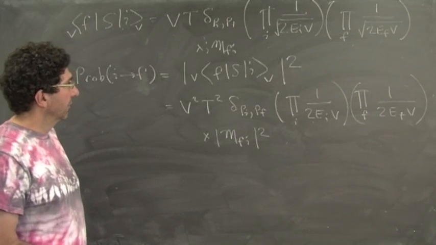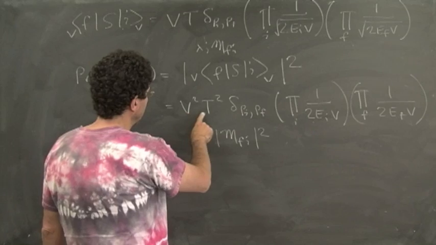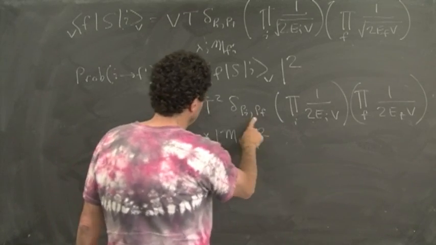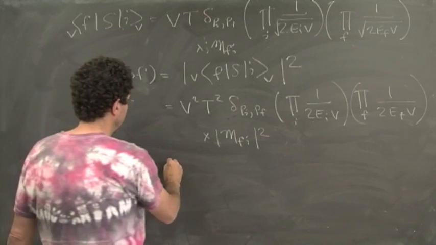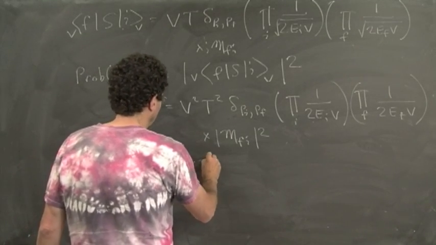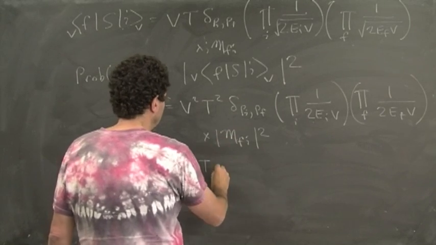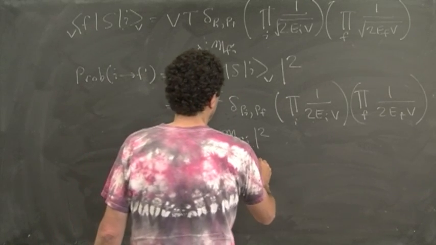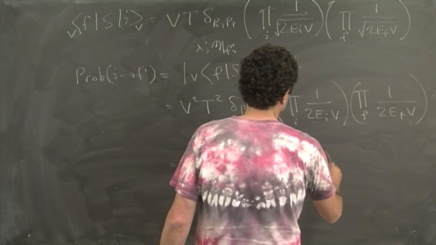Okay? And if I go back to the continuum, what will happen is I take Vt times the delta, that gives me the continuum Lorentz invariant delta function, but I still have one Vt left because this is Vt squared. So this here is Vt times 2 pi to the 4th, delta to the 4th, P initial minus P final, okay?